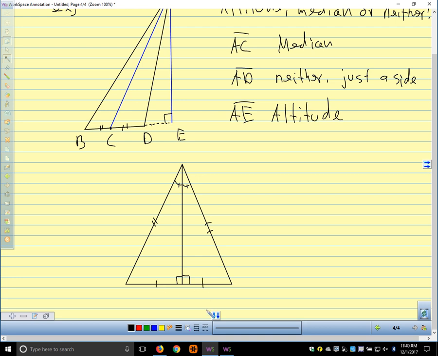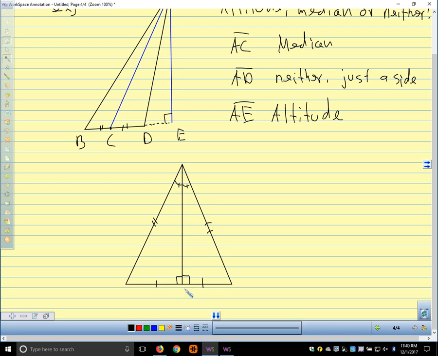So this is an angle bisector, perpendicular bisector. This is the midpoint of that side to the opposite vertex. So that's a median. And it's also from a vertex perpendicular to the opposite side. It's also an altitude. So in an isosceles triangle, that segment from the vertex angle to the middle of the opposite side is all four of those things: altitude, median, perpendicular bisector, angle bisector.